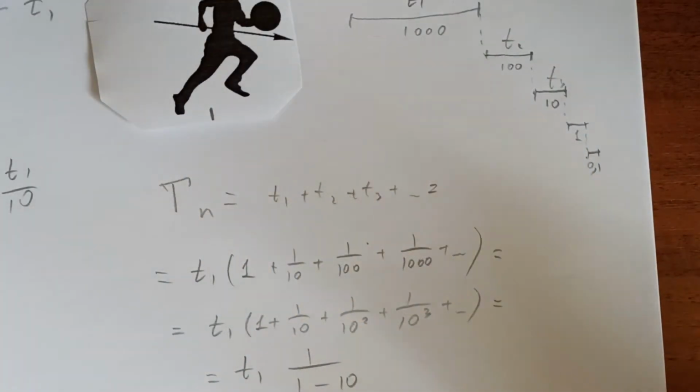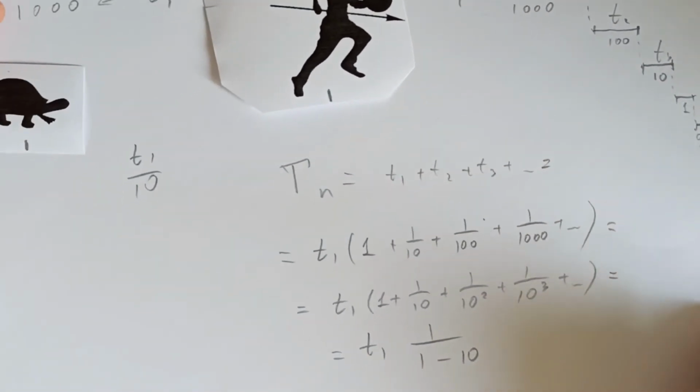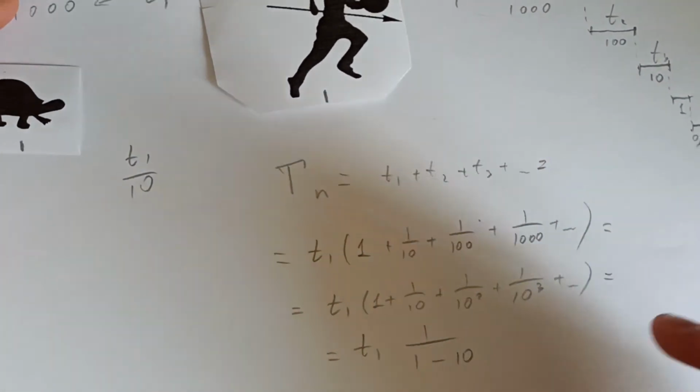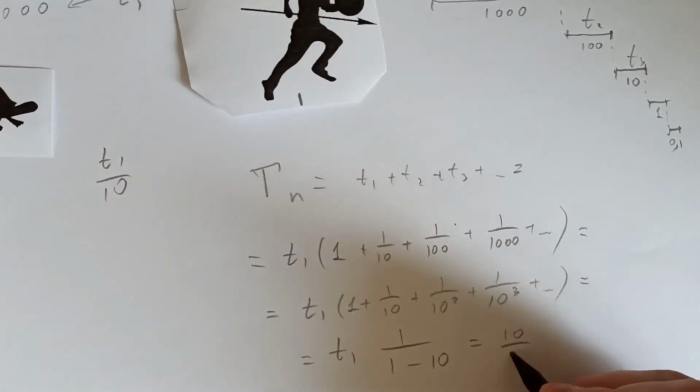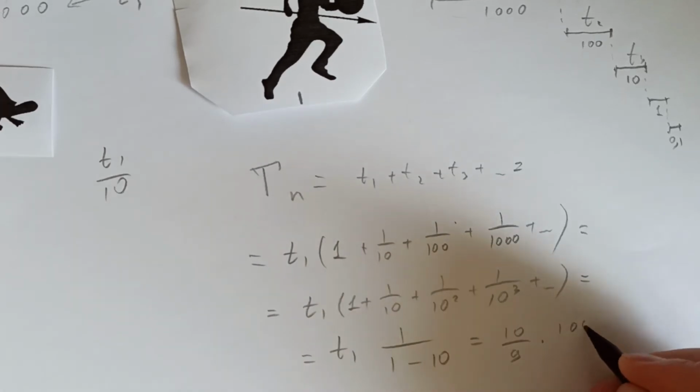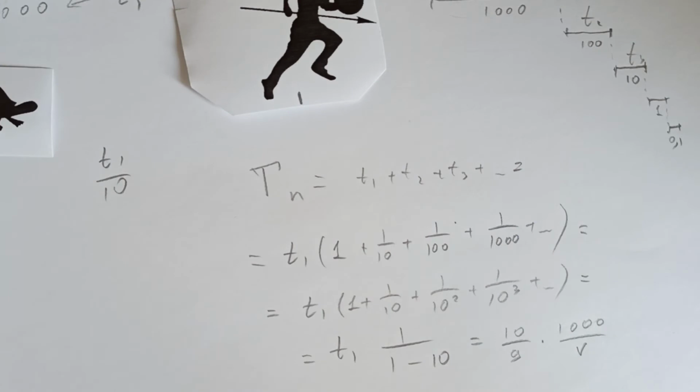If Achilles runs 10 times faster than the turtle, he will chase the turtle, and he will catch the turtle at the time 10 over 9 times 1000 divided by the velocity.